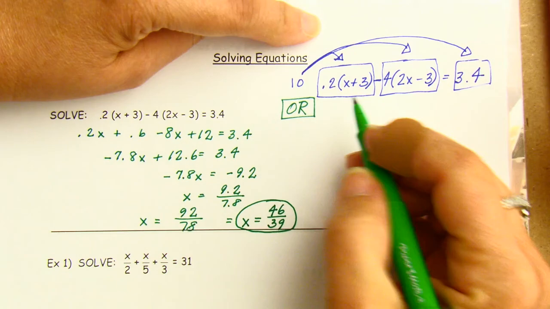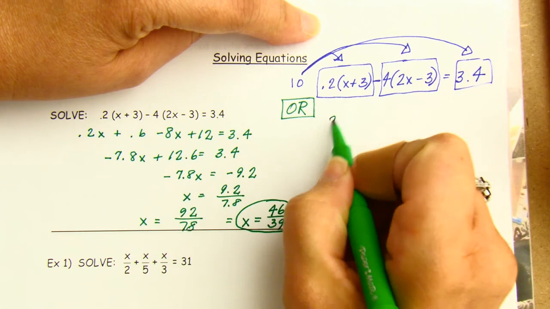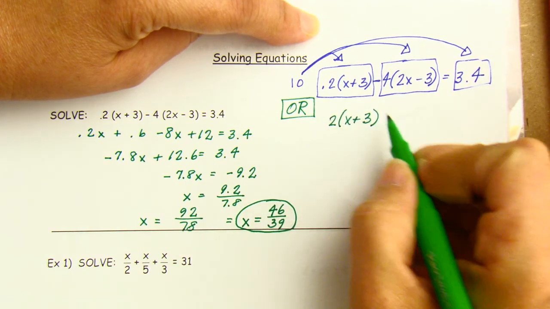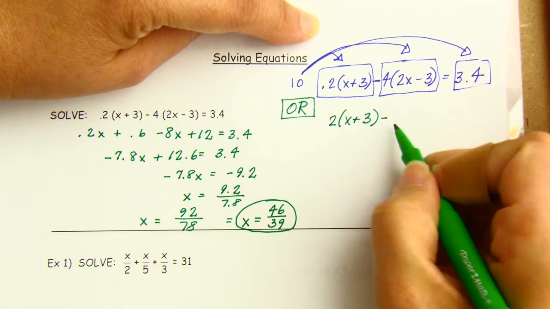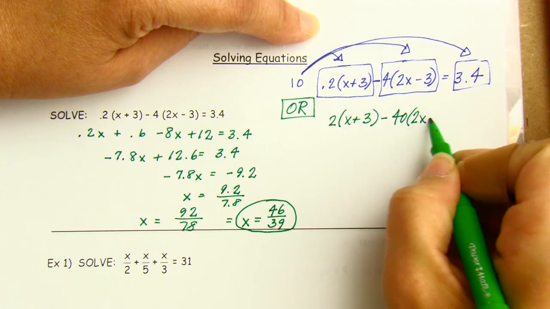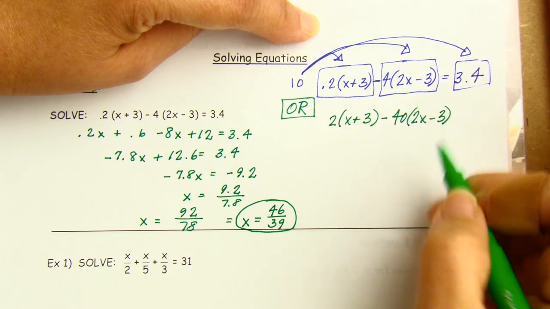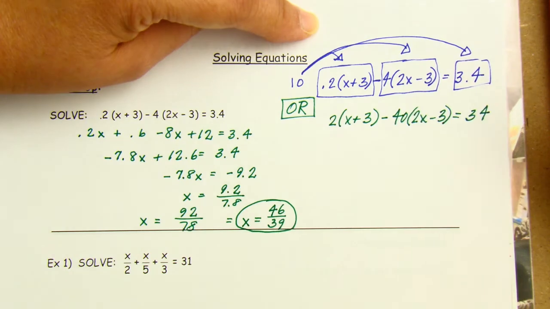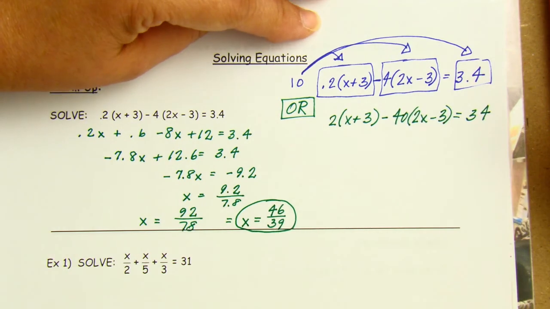And when we do that, we get 2 times the quantity x plus 3. Subtract 4 times 10 is 40 times the quantity 2x, subtract 3. And then 10 times 3.4 is 34. So that gets rid of the decimals for us, so we don't have to work with them.